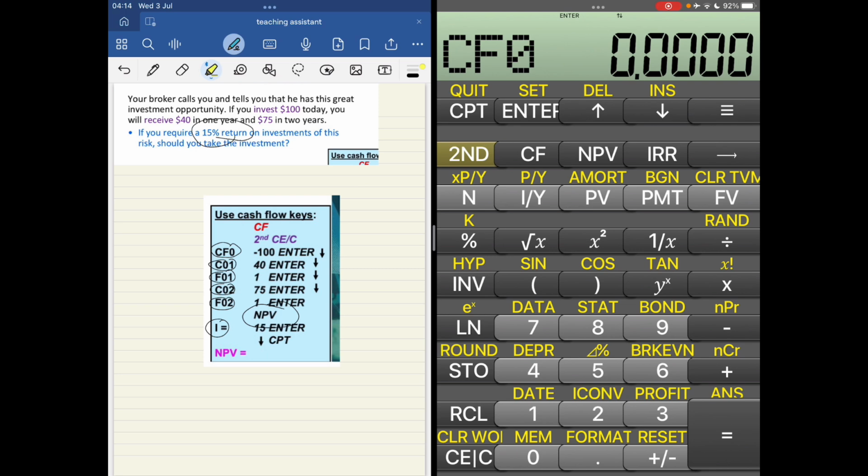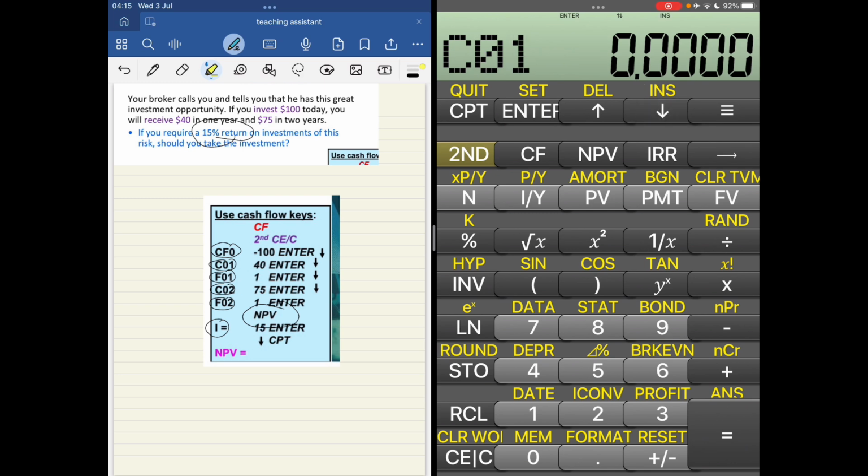The first cash flow is $100 today. It's a cash outflow, so it should be minus 100. You press 100 and then you press the plus/minus button next to the equal button, in order to put the minus sign before 100. Then you press enter, go down.